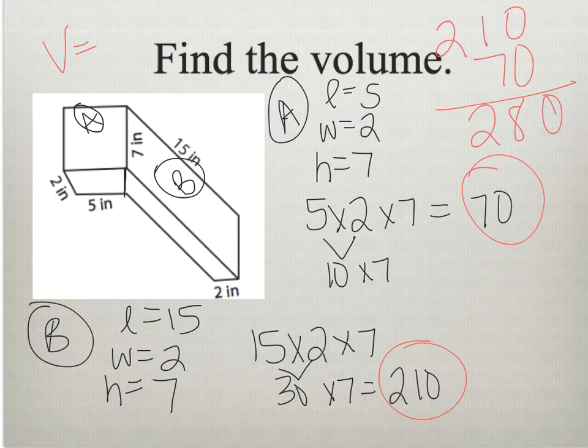Moving on to shape B, our length is 15, our width is 2, and our height is 7. So 15 times 2 times 7. 15 times 2 is 30, and 30 times 7 is 210. So if we add both of those together, 210 plus 70, we get 280. So the volume for the shape is 280 inches cubed.